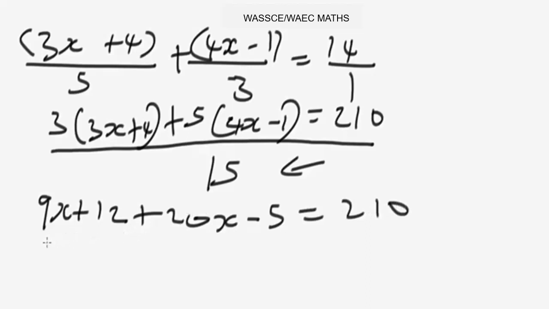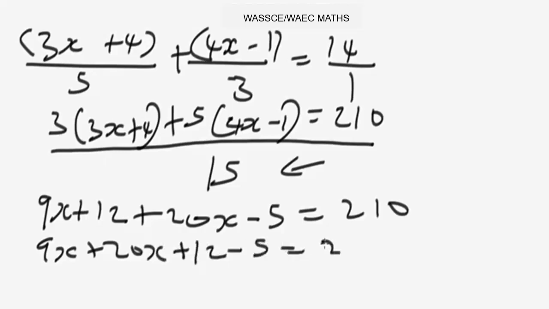Okay, now let's collect like terms. So if you collect like terms, we're going to have 9x plus 20x, plus 12 minus 5 equals 210. So 20x plus 9x gives us 29x, plus now 12 minus 5 gives us 7, equals 210. So let's collect the number term.